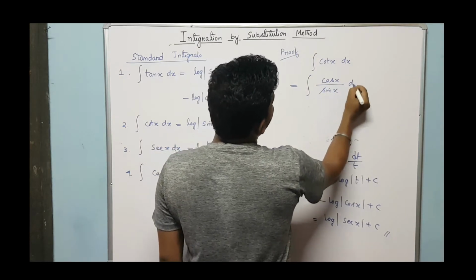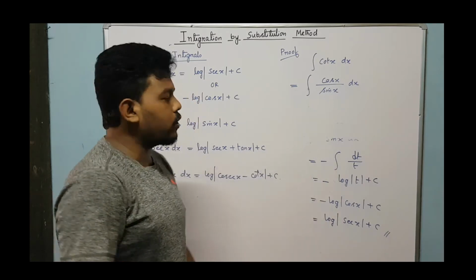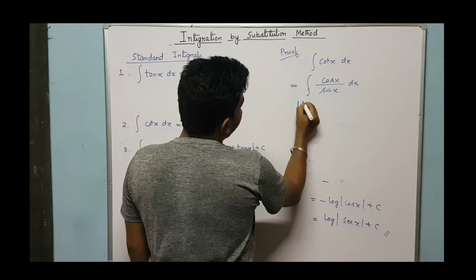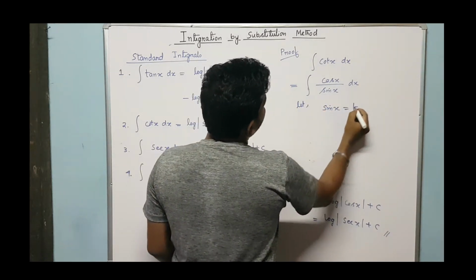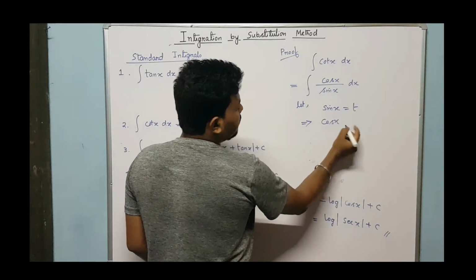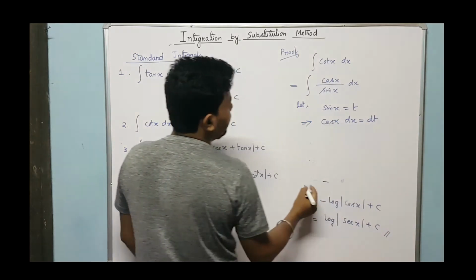Now again we know that the derivative of sin x is cos x. So if I let sin x is equal to t, so differentiating with respect to x, we get cos x multiplied by dx is equal to dt.